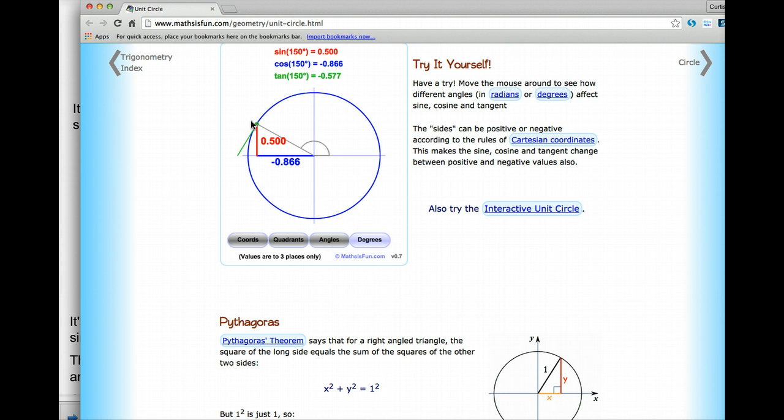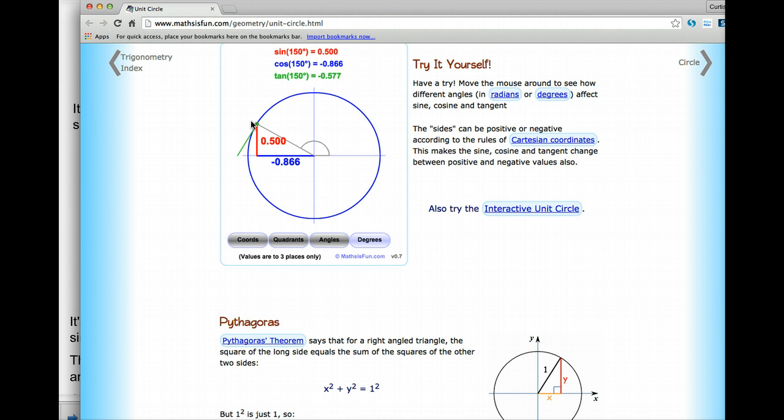I get the same thing, except for cosine to be negative. Cosine goes to the x. So when you're talking cosine and you're to the left in the second quadrant, you're going to get a negative. Well, that's for a 150-degree angle, which might not impress you too much, but if you understand that it's 30 away from the 180, you might go, oh, that's kind of cool.